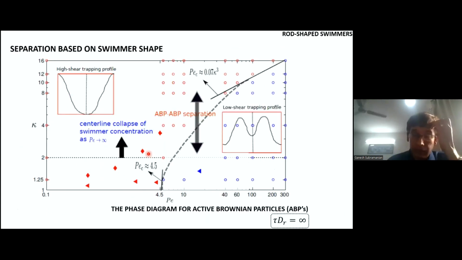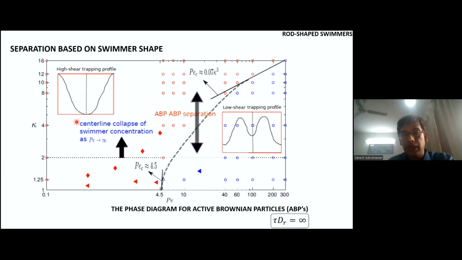Now, the immediate advantage when you recognize this is that you can engineer a phase diagram to map the high shear and low shear trapping regimes. So the idea is that you have a parameter plane, the horizontal axis is Peclet, the vertical axis is kappa. And for any fixed kappa, as you increase the shear rate, which means Peclet increases, you move along a horizontal line.